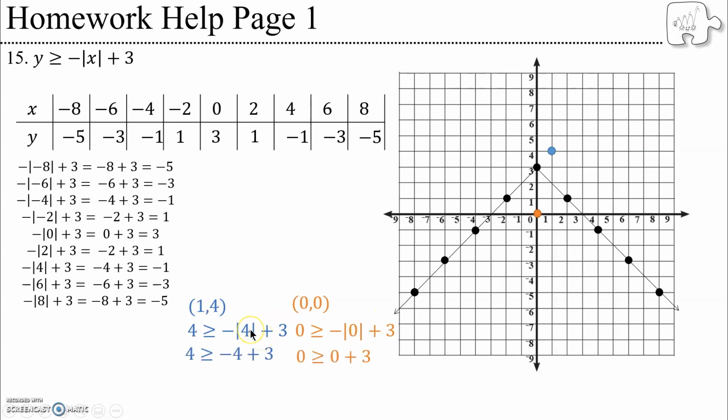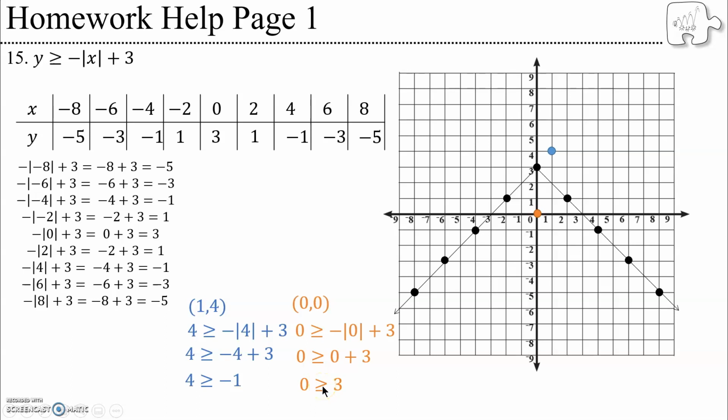The absolute value of 4 is 4, the absolute value of 0 is 0, and the opposite of 4 is -4, and the opposite of 0 is still 0. So we have 4 is greater than or equal to -4 plus 3, or 0 is greater than or equal to 0 plus 3. So 4 is greater than or equal to -1, or 0 is greater than or equal to 3.